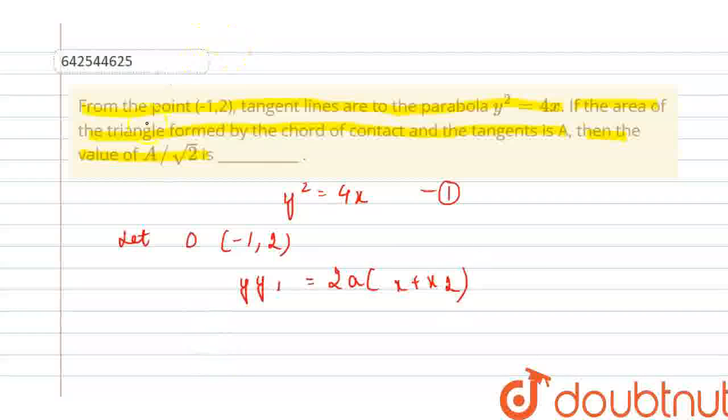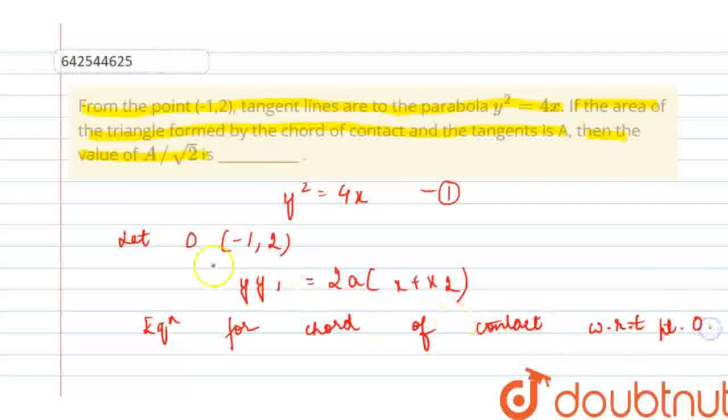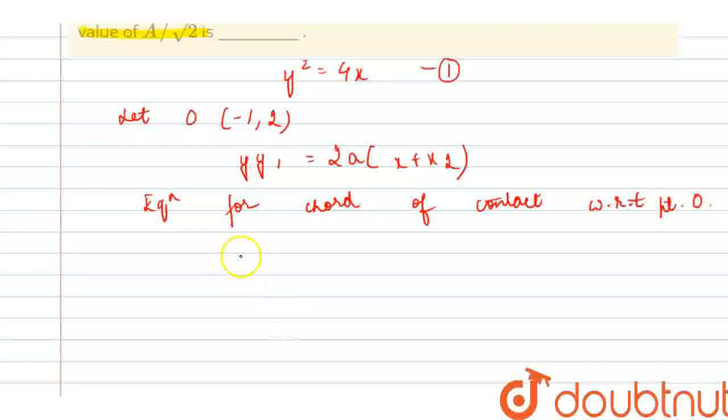So I am writing down the equation for the chord of contact with respect to this point O. Using (-1, 2) in this equation, we get 2y is equal to 2a into (x minus 1).